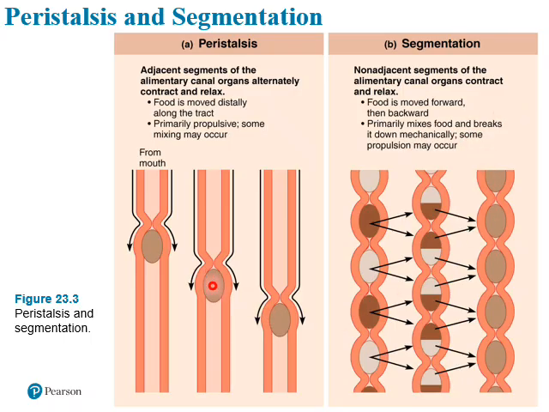Instead of pushing the food distally like in peristalsis, the movement here is churning. Whatever food is inside each segment is churned. I can only think of the analogy of a dryer.